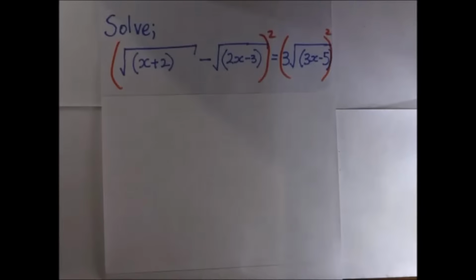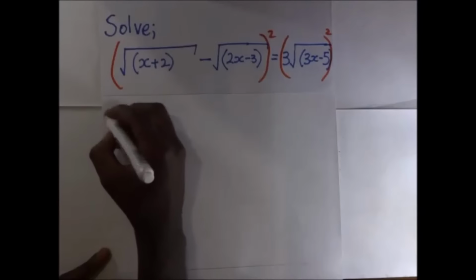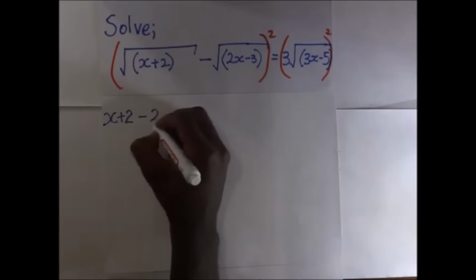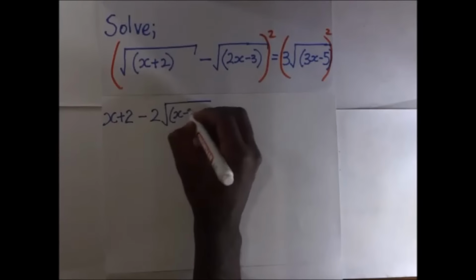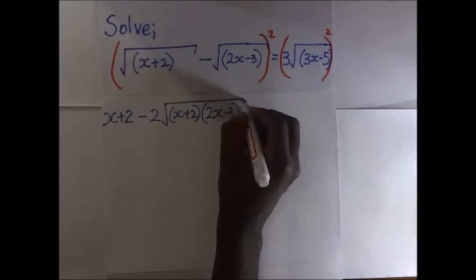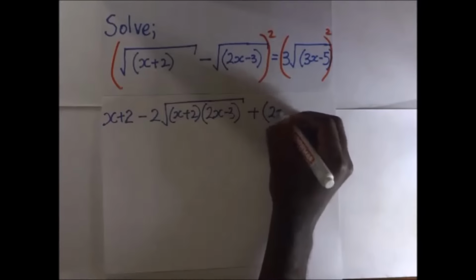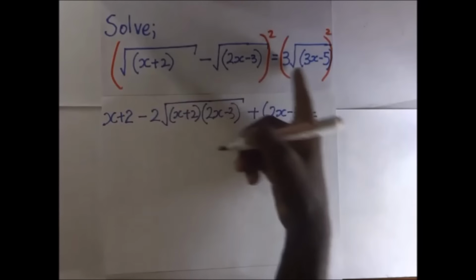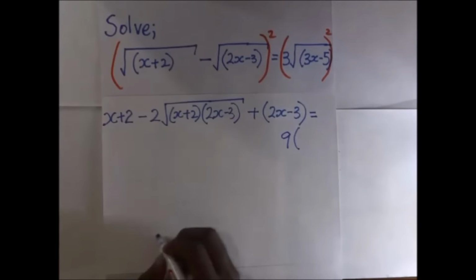So it means that this squared is going to give us x plus 2, minus 2ab, so minus 2 times x plus 2 into 2x minus 3, plus this squared, which is 2x minus 3, that is going to be equal to this squared, and that is going to give us 9 into x minus 5.